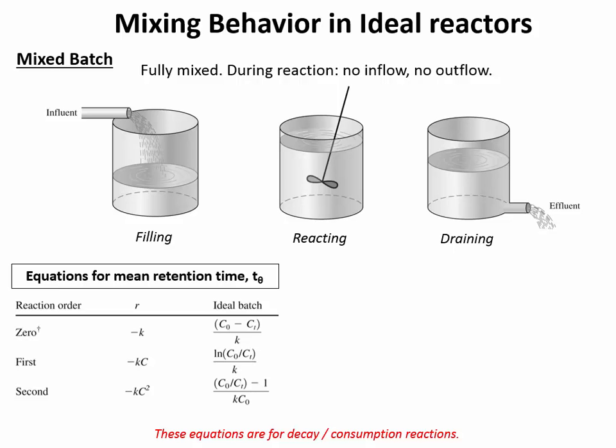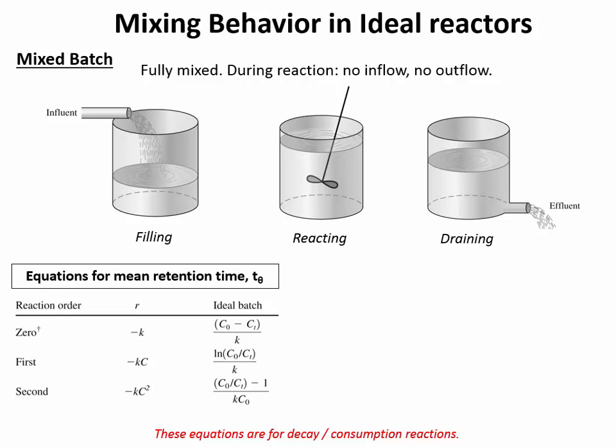Now I'll point out that these assume a decay reaction or a consumption. So whatever you're keeping track of inside the reactor is going down in this version of the equation. They're solving for t sub theta, which means a certain amount of time.